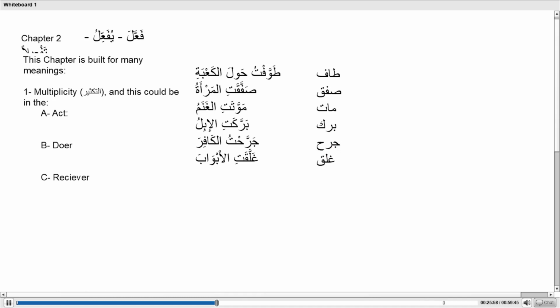Clear? Okay. Wounded. Did you say جرحت الكافرة? جرحت الكافرة. I wounded the disbeliever.